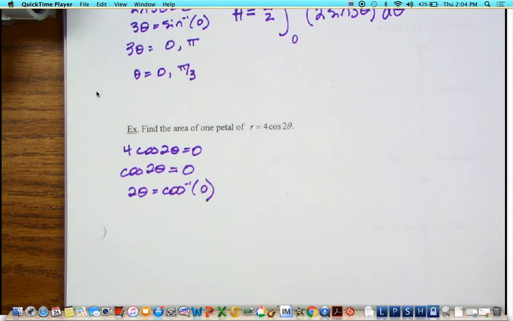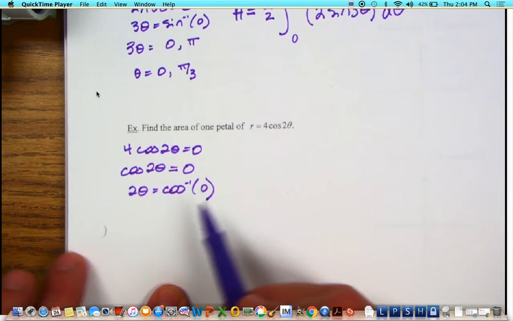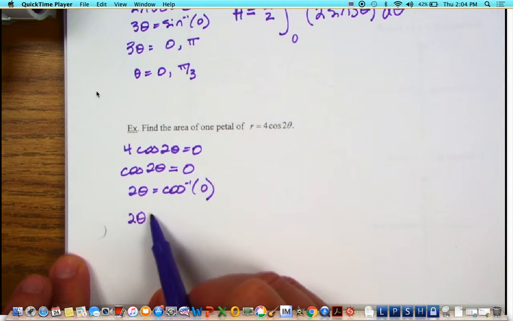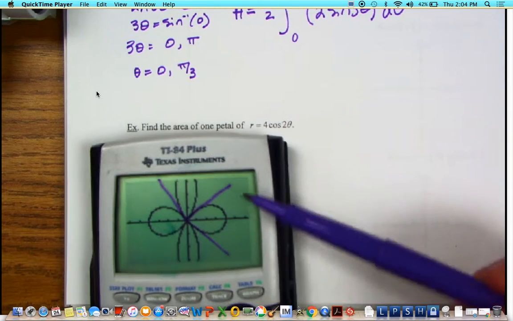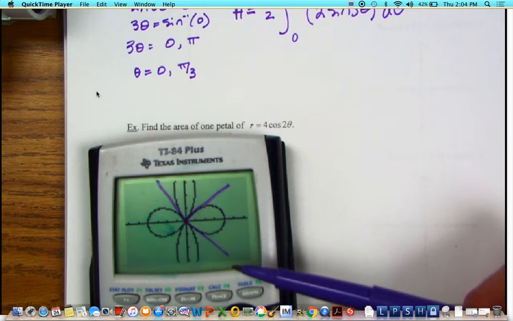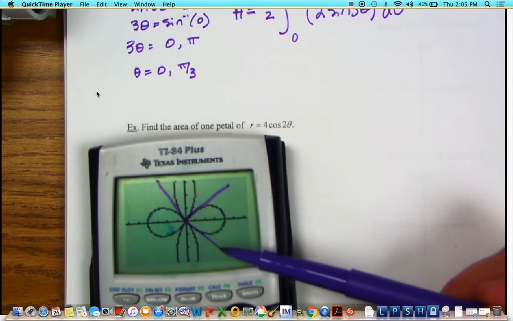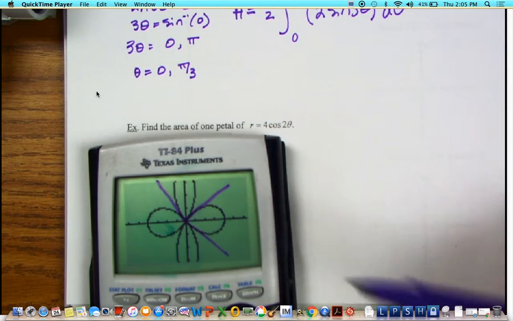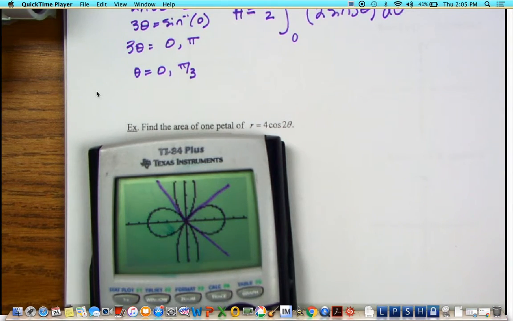So cosine inverse, where is cosine 0? Let's think about this graph. What do you think might benefit you to do here? You can certainly go pi halves and 3 pi halves. You could also go negative pi halves and pi halves.